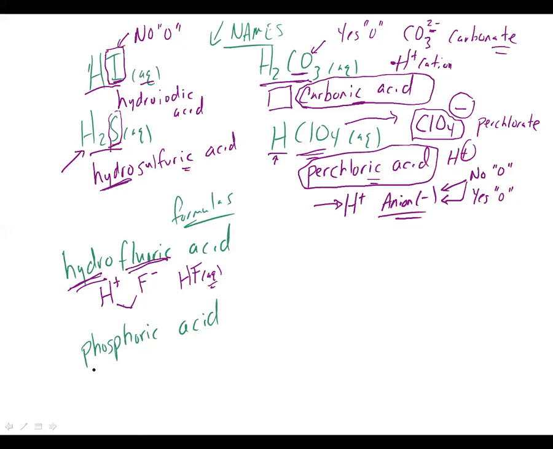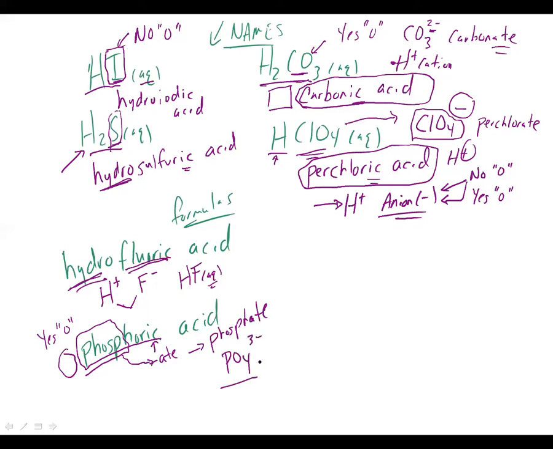So when we sort of deconstruct this last one here, we see phosphoric acid. We don't see hydro, which means it does contain oxygen. And because it ends in ic, what we know is that the polyatomic ion should end in ate, which means if you just take the first part of the name here, phos, and you add the ate to it, that should get you to phosphate as the polyatomic ion that's involved, and that is PO4 3 minus.